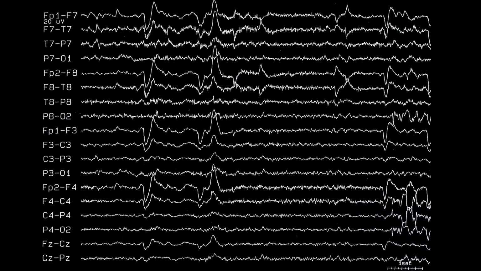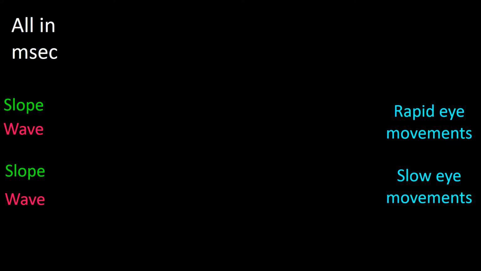This one, fast eye movements. The distinction between fast and slow eye movements is based on the duration of the slope, that is the rise time, and the duration of the wave. The duration of eye movements is given in milliseconds.